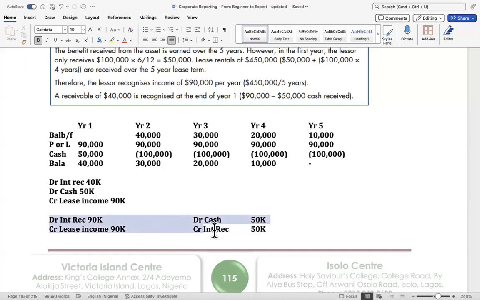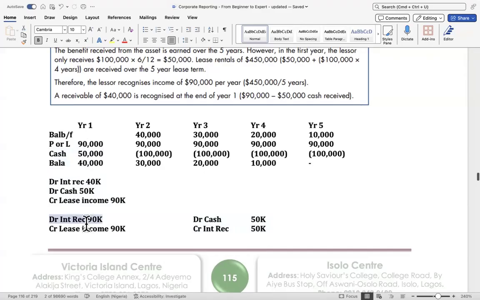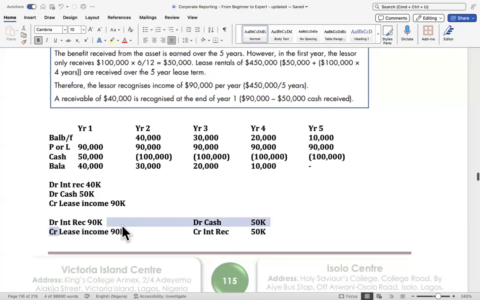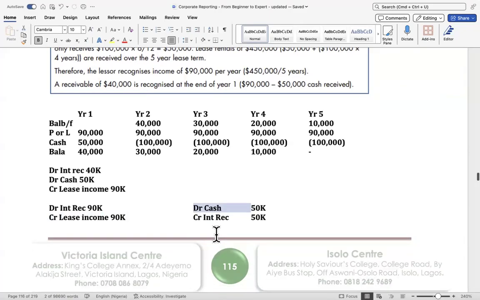So this is the actual double entry that you pass. But you guys use the shortcuts by considering all these three at a stretch. But in real life, you take it one by one, the income first, then the money you receive second. So good attempt.